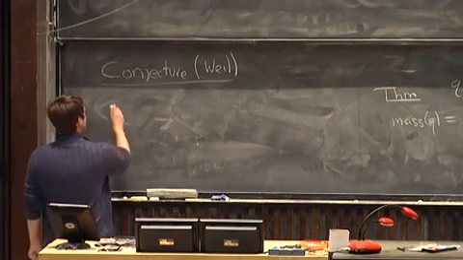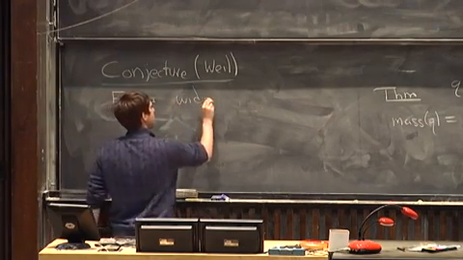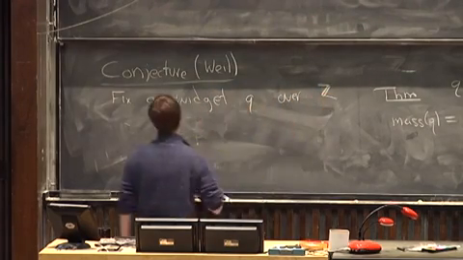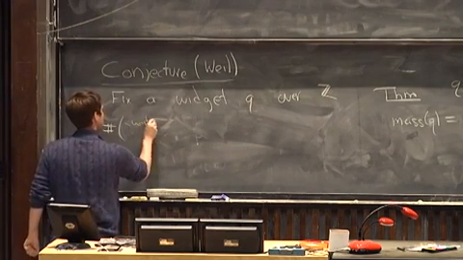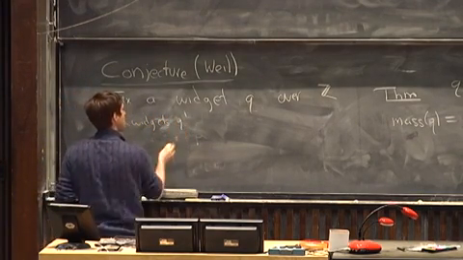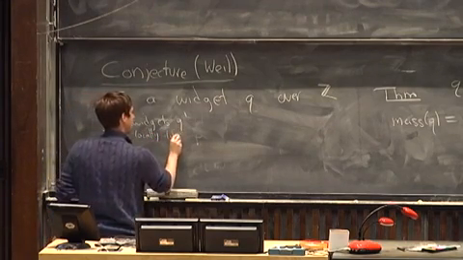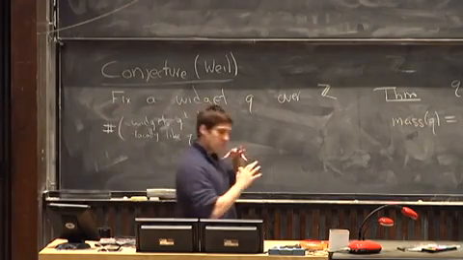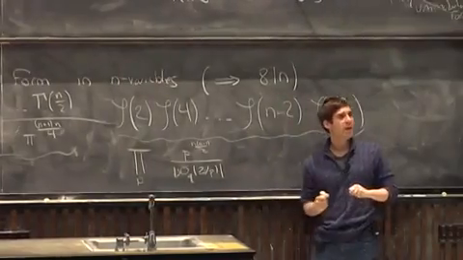So fix a widget Q over Z, and what you want to do is count the number of widgets q prime that are locally like q. Meaning, widget means something like quadratic form, something that it makes sense to talk about having a widget over a ring.